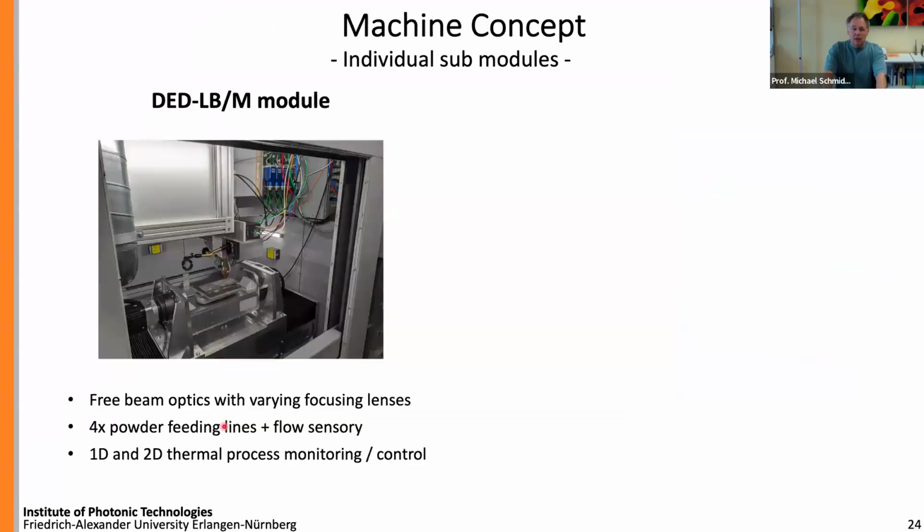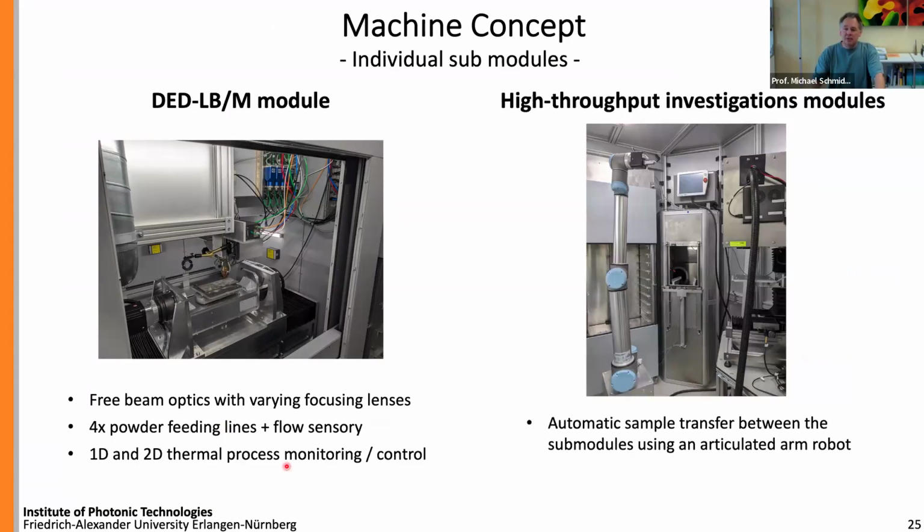by a partner. We have free beam optics in there. We can change the focusing lenses. We have 4 powder feed lines with separate flow sensors to be able to mix our powder online in the machine. And we have some process monitoring and process control features as well, in 1D and in 2D measurement devices.